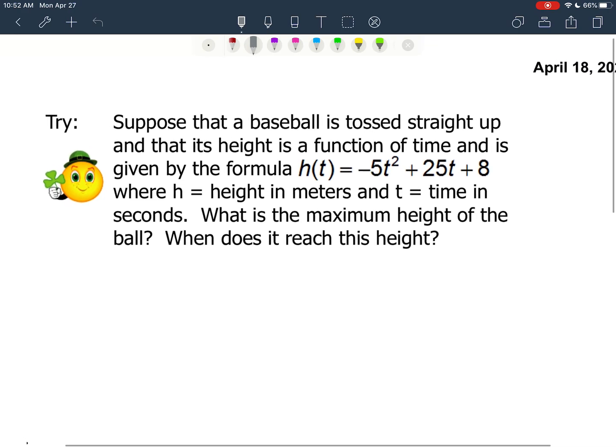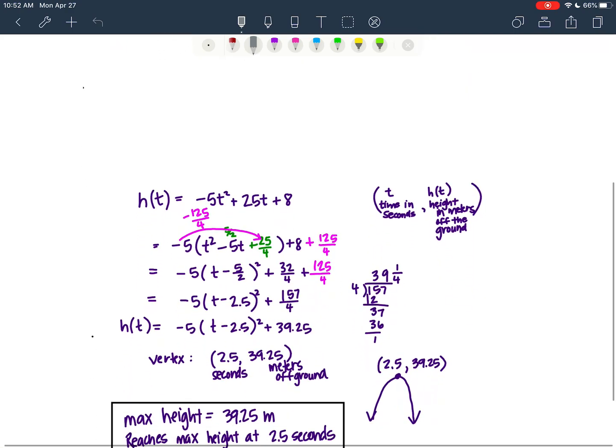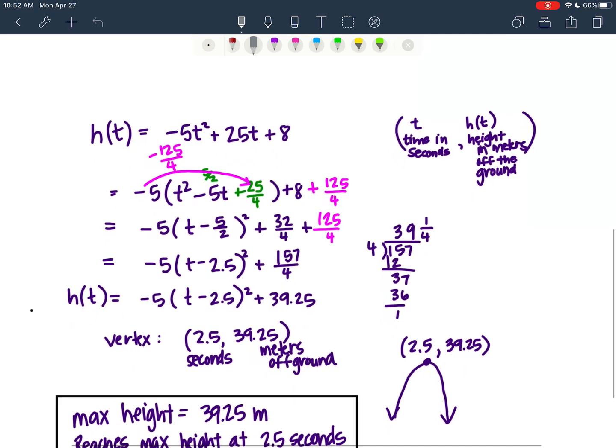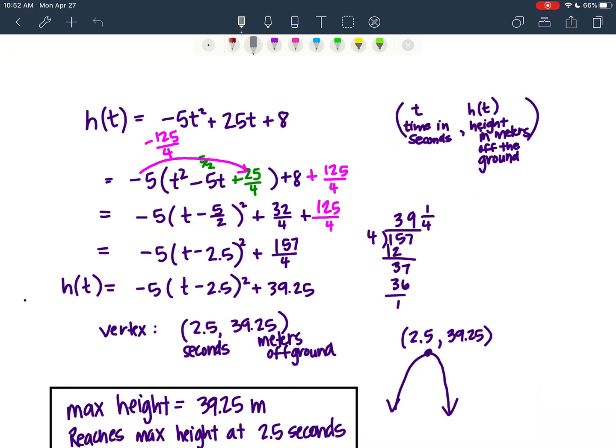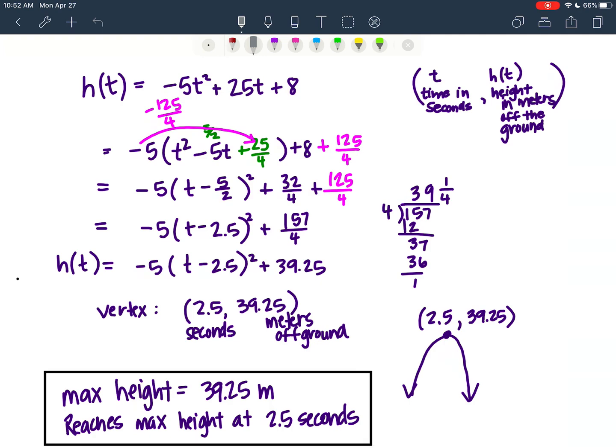So if you're back to check your answer, spoiler alert, here's all of my work. My input is time in seconds, my output is h of t, which is our height in meters off the ground. You can see that I factored out the negative 5. Half of 5 is 5 halves, and then I square it, giving me 25 fourths.